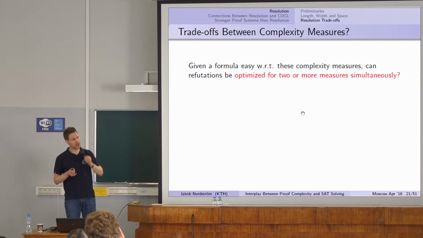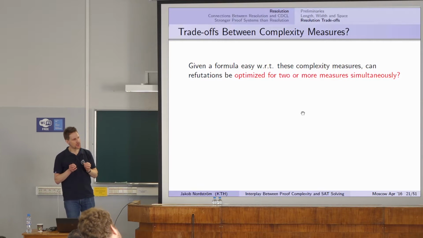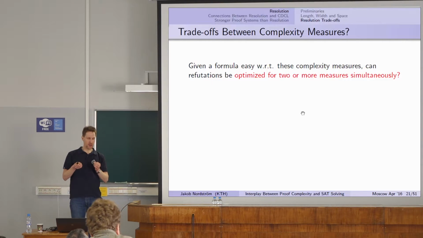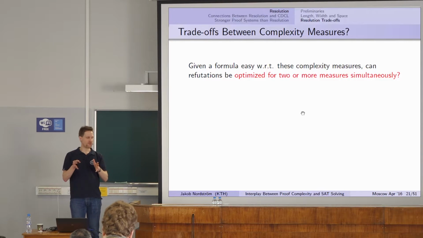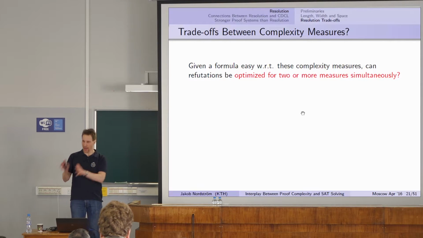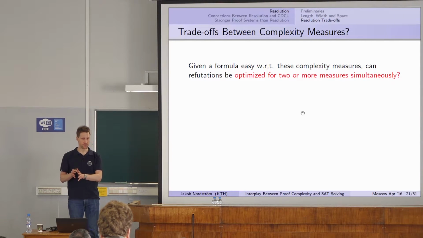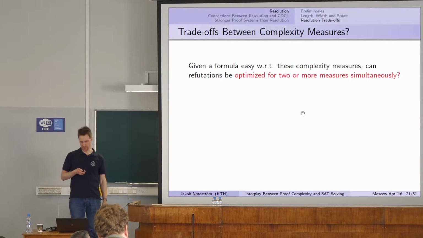And the natural question is, if you want to understand, also from an algorithmic perspective, if you're trying to solve a formula, say using a SAT solver, then typically you'd like to run fast and use little memory. Okay, so it's a natural question to say, can I optimize two complexity measures simultaneously?